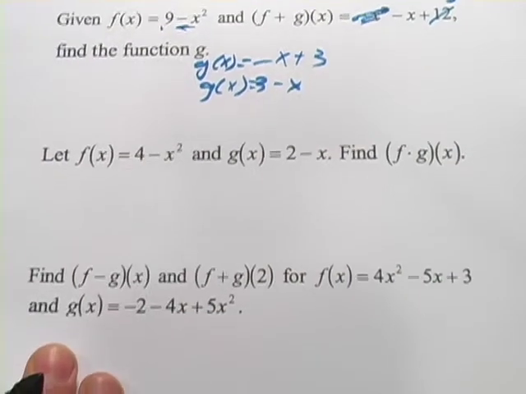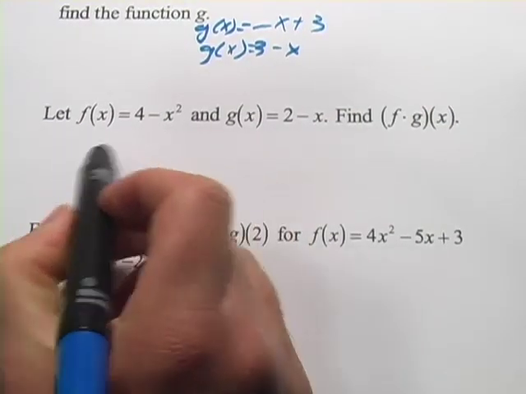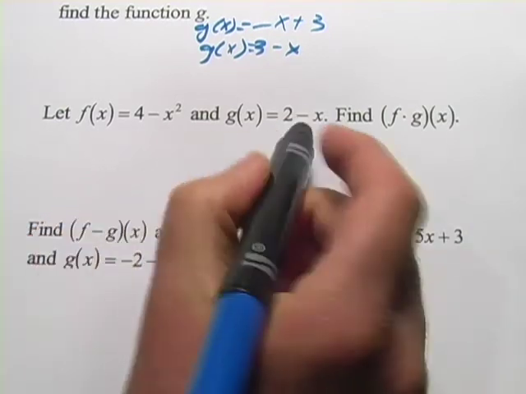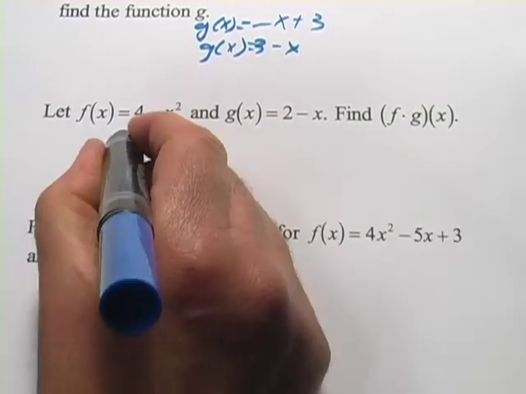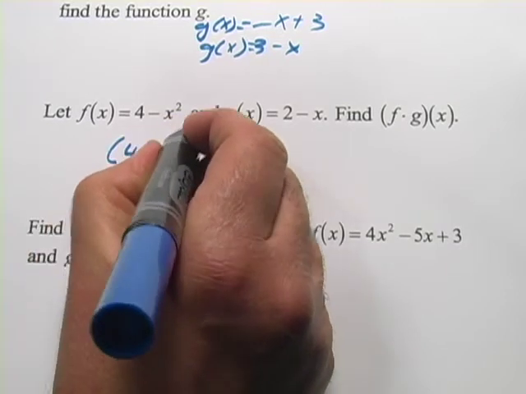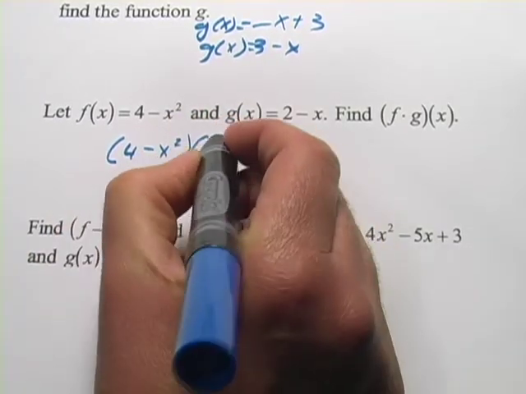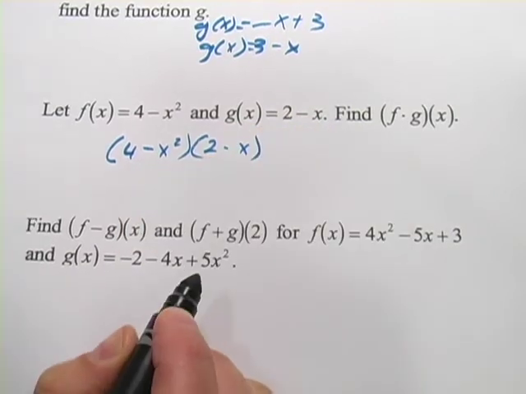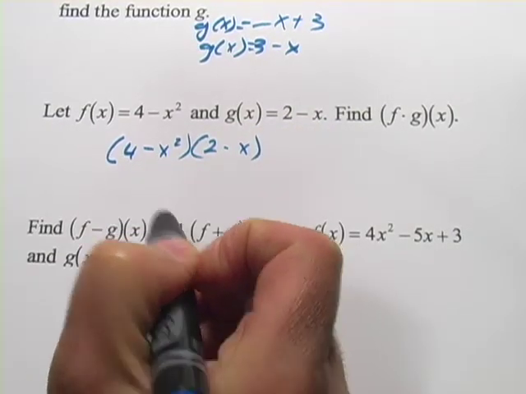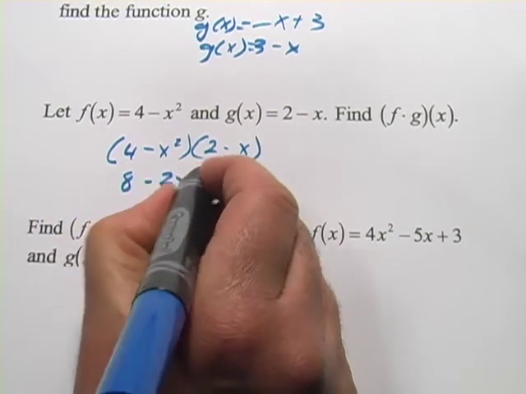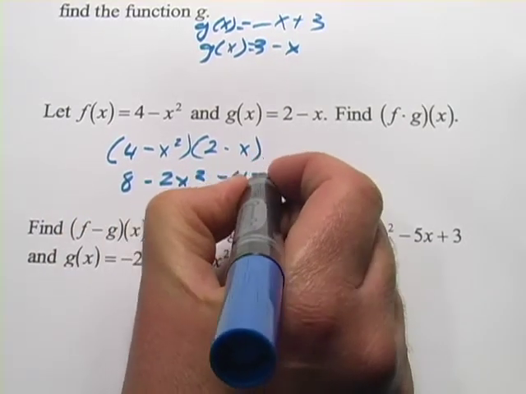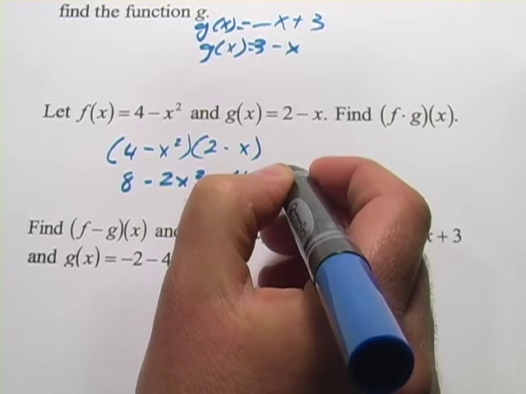All right, let's try another one here. In this one, we have two functions. There's f of x, there's g of x, and we want to find the product, so we're multiplying. And as you might suspect, we simply put these two functions together and multiply them. In this case, we're going to FOIL them out because we've got binomials. So 2 times 4 is 8, minus 2x squared, minus 4x, and which one didn't I do?